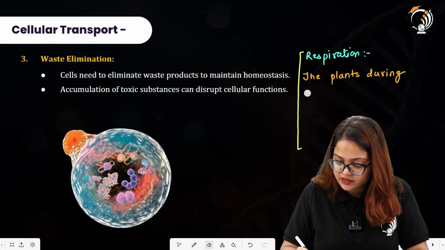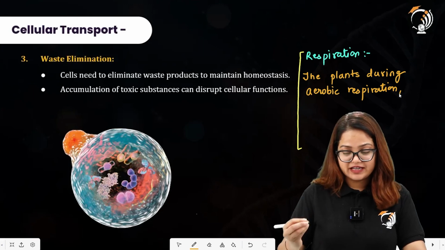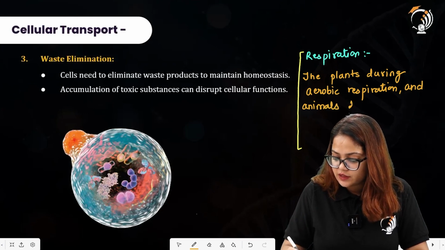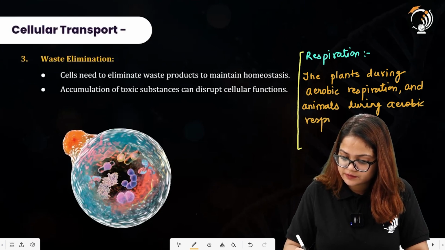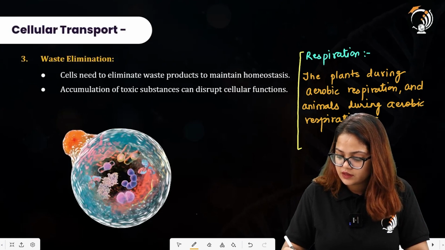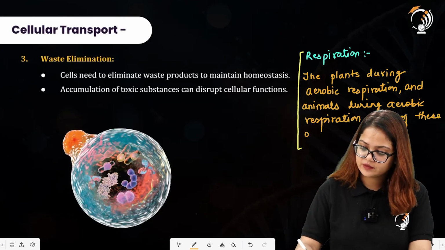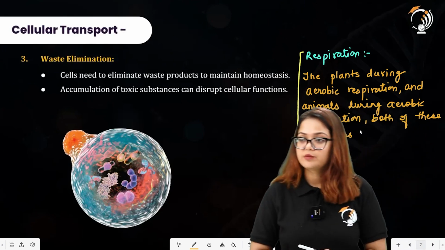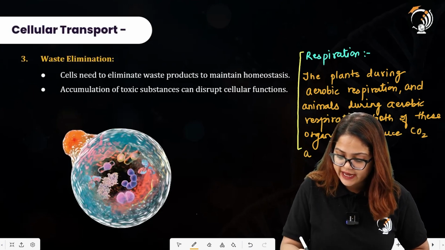The plants during aerobic respiration produce carbon dioxide, and animals during aerobic respiration also produce carbon dioxide as a product.